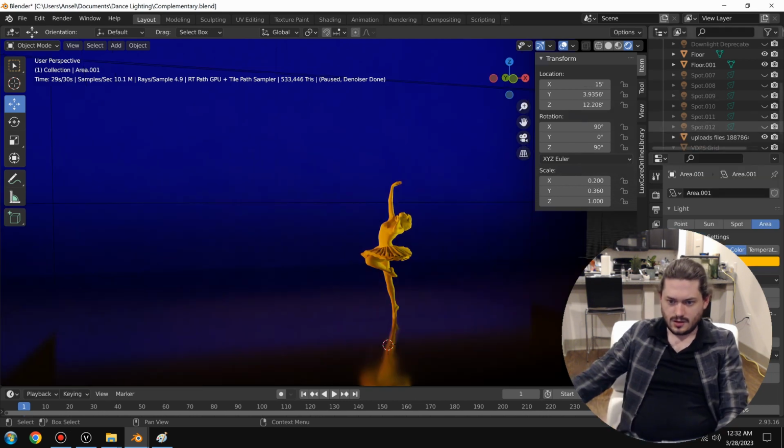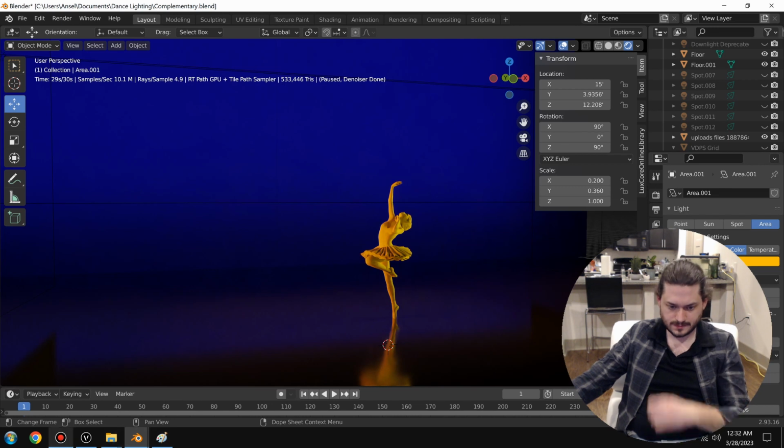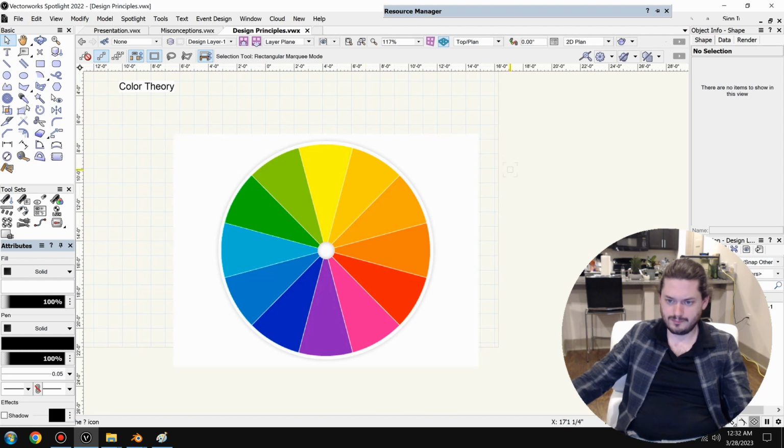That's good enough to get the point across, I suppose. So within the complementary color unity, you've got one color from one side of the color wheel contrasted with another color from the other side of the color wheel. In this case, you've got your blue and your amber.